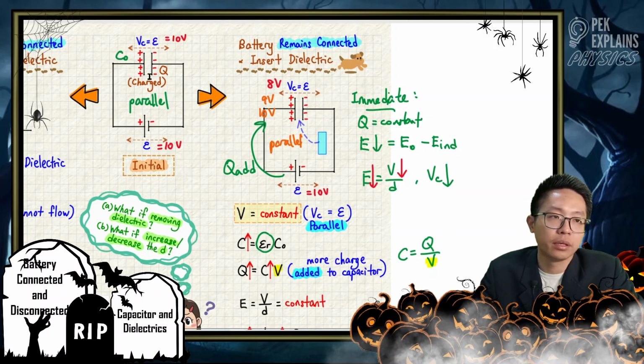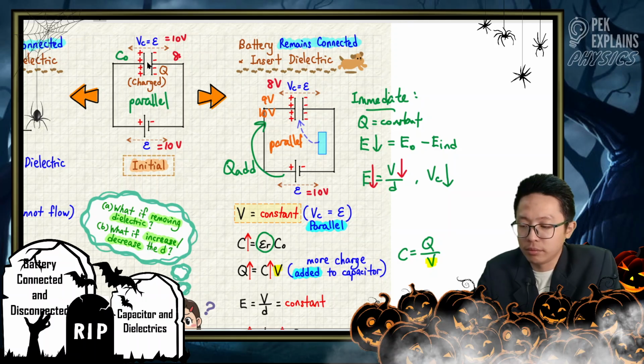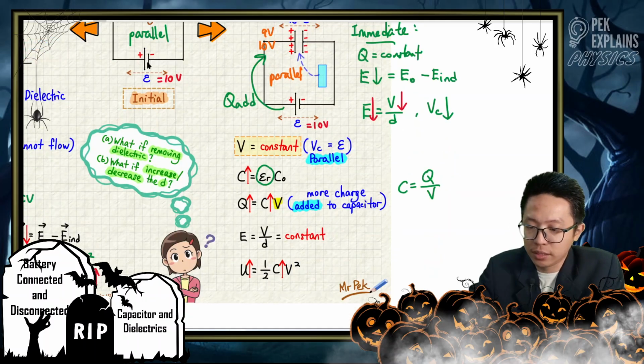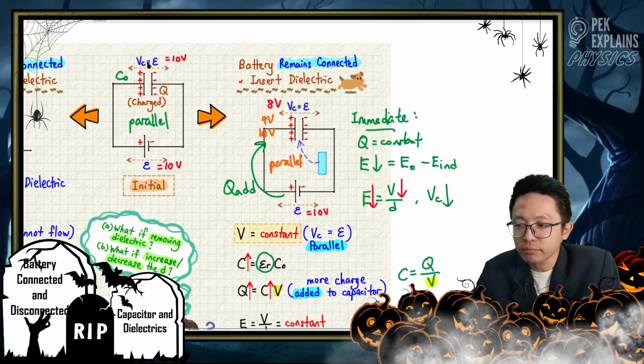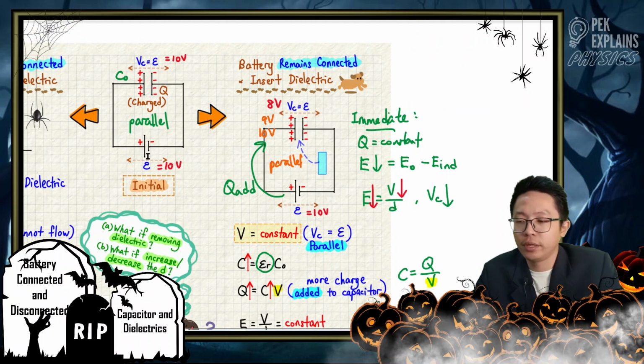Last time without the dielectric, with the 10 volt battery connected, the capacitor can only store maybe 50 coulombs of charge.